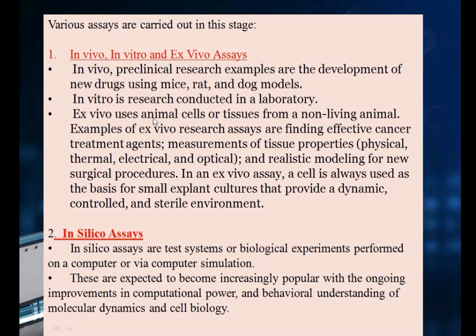Then ex vivo uses animal cells or tissues from a non-living animal. Examples of ex vivo research assays are finding effective cancer treatment agents or measuring tissue properties. These may be physical, thermal, electrical, optical, and realistic modeling for new surgical procedures.